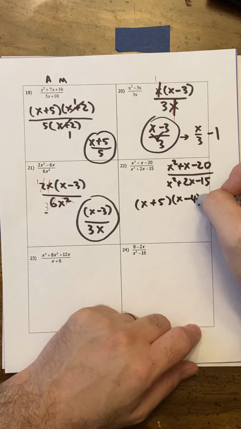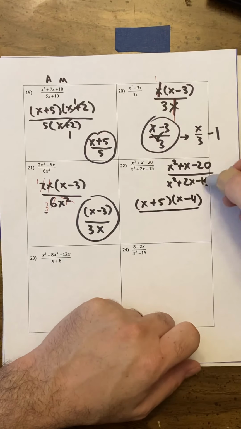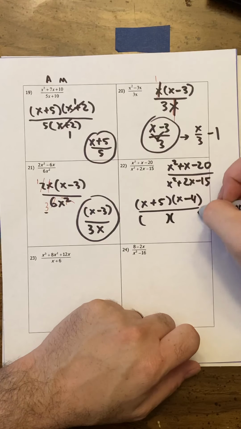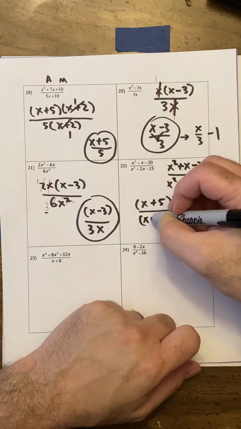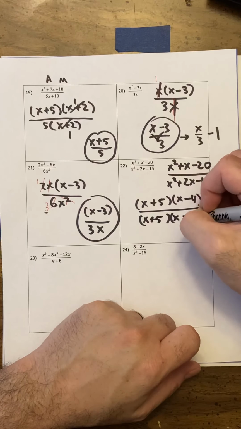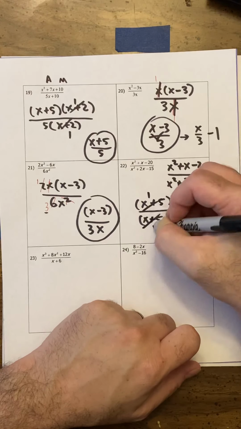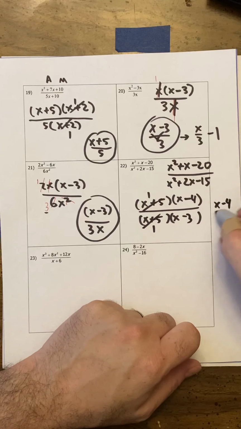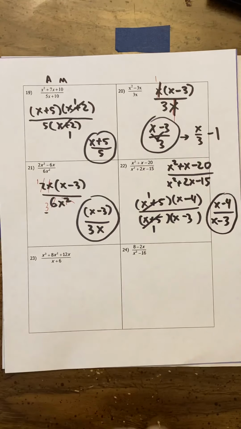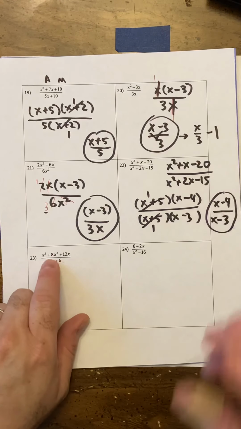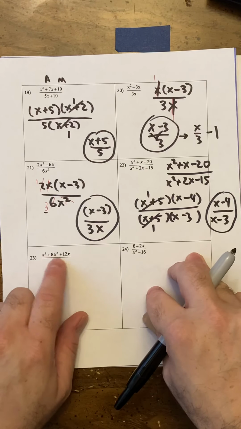That multiplies to negative 20 and adds up to positive 1. Denominator, two numbers that multiply to negative 15 and add up to 2. It looks like 5 and negative 3. X plus 5 and x minus 3. These divide out to 1, so what we have left is x minus 4 in the numerator and x minus 3 in the denominator.